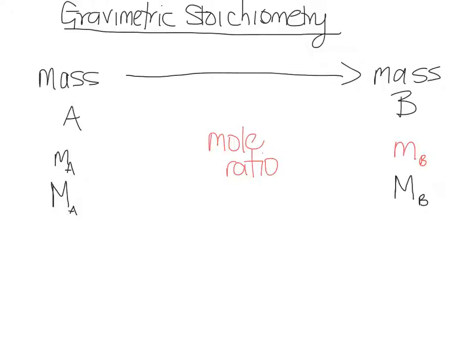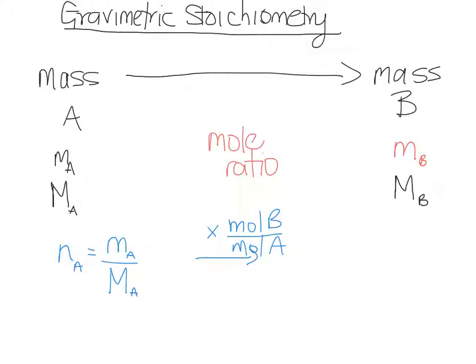So you can find the moles of A by using your formula, mass of A divided by the molar mass of A. That gives you moles of A. Using your mole ratio, you're going to multiply it by the mole ratio of moles of B to moles of A from your balanced chemical equation.